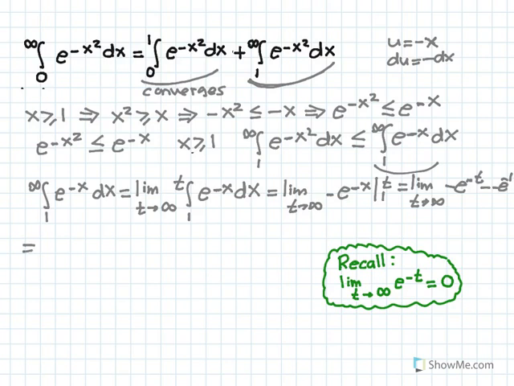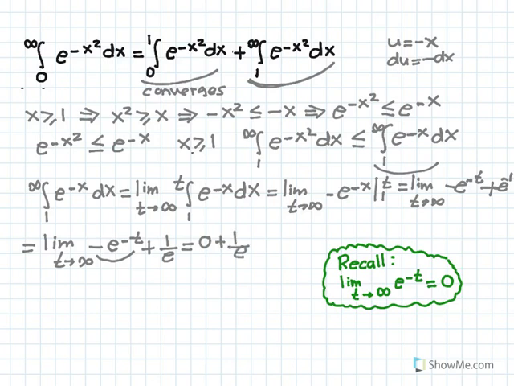So that's equal to the limit as t goes to infinity of minus e to the minus t plus 1 over e, because minus minus makes plus. And if we take the limit as t goes to infinity of a negative exponential, that's going to go to 0. We get 0 plus 1 over e.